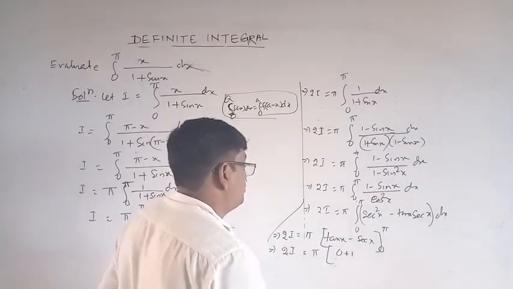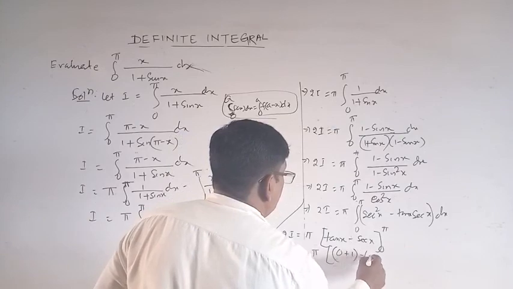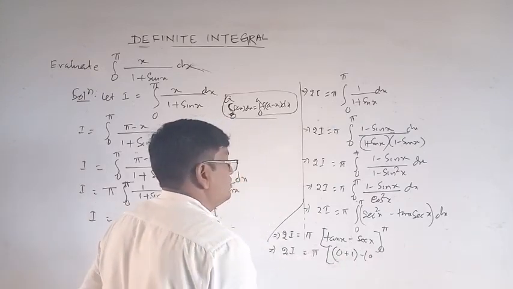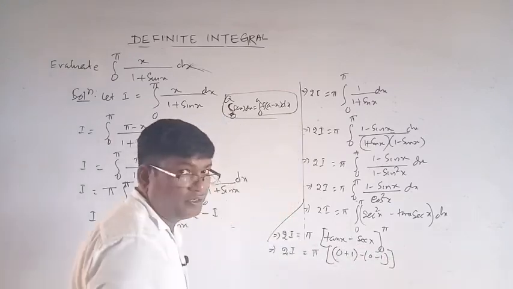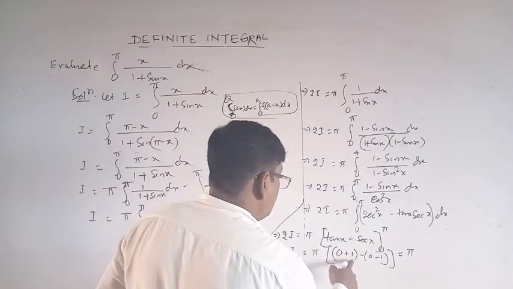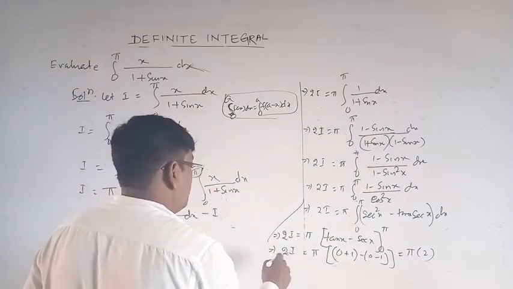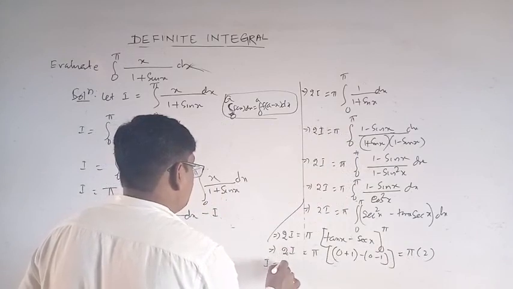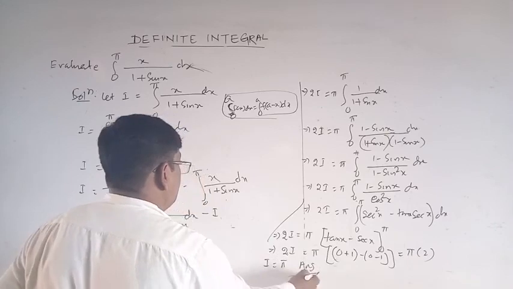Now put 0: tan 0 is 0, minus sec 0 is 1. So 2I is equal to pi into 1 plus 1, that is 2. So 2I is equal to 2 pi. So I is equal to pi. I is equal to pi is the answer.